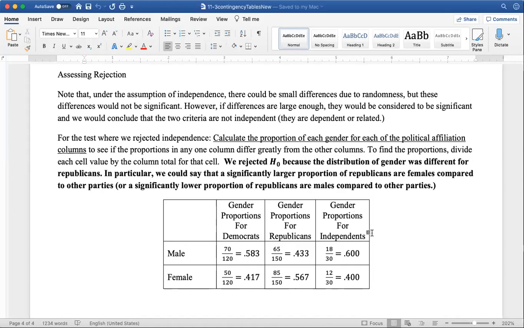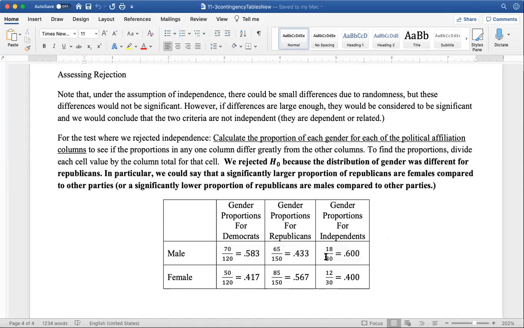So really, that observation of the proportions of each affiliation that were males gives us an indication of what the relationship is.